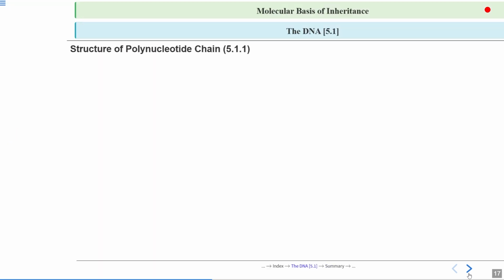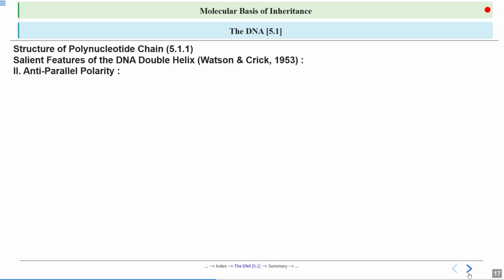Let's see the second. Now, what is the polarity? They are anti-parallel. The 2 polynucleotide chains have anti-parallel polarity. It means if one is from 5' to 3', the other will be from 3' to 5'.